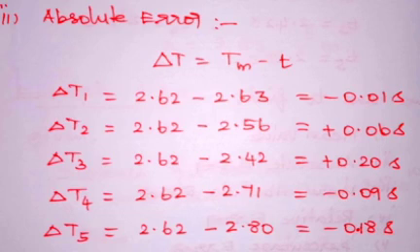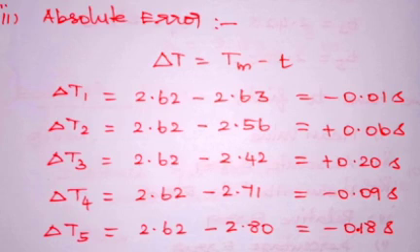Del t3 equal to 2.62 minus 2.42, we get plus 0.20 second. Del t4 equal to 2.62 minus 2.71, we get minus 0.09 second. Del t5 equal to 2.62 minus 2.80, we get minus 0.18 second. Students, we found the individual absolute error in the measurement of the time.